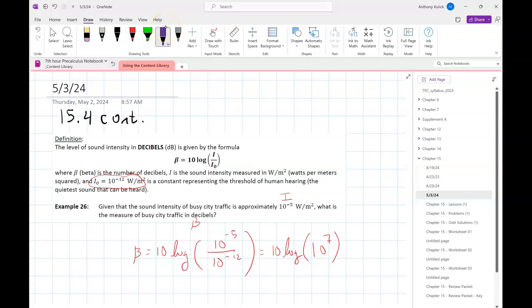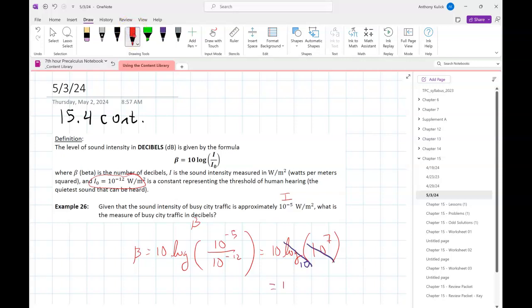Now, remind me again, when we write log with no subscript, what is the base of the logarithm? 10. Right? We call that the common logarithm. And what do I know about log base 10 and exponent base 10? They cancel out.